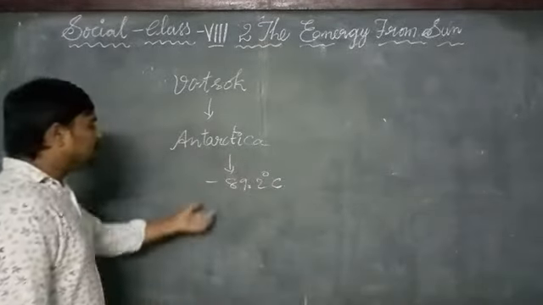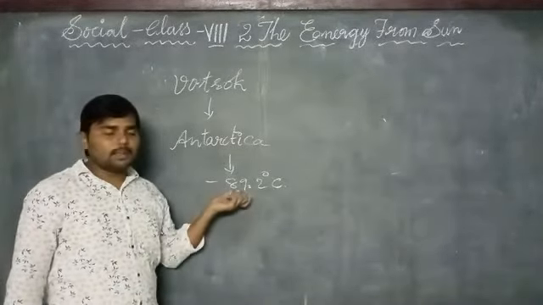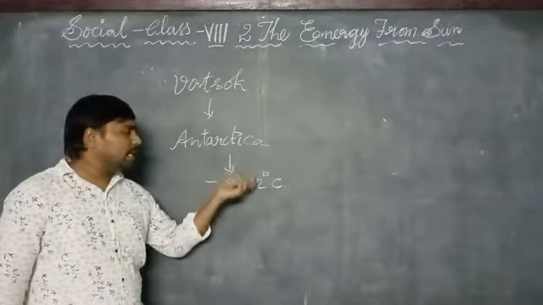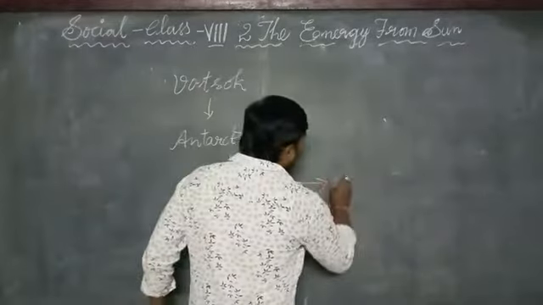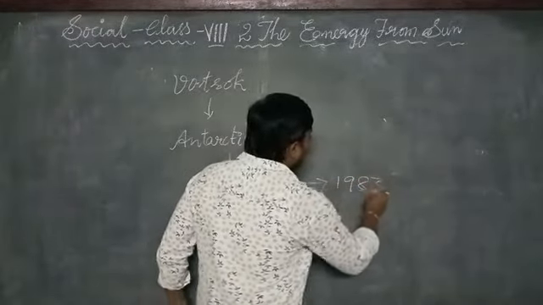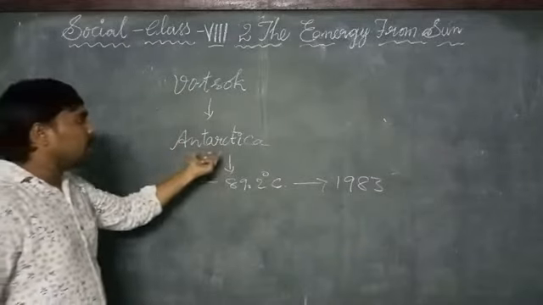What is the lowest temperature that was recorded on the earth? Minus 89.2 degrees Celsius. In the year 1983, it was recorded at the station located in the Antarctica continent.